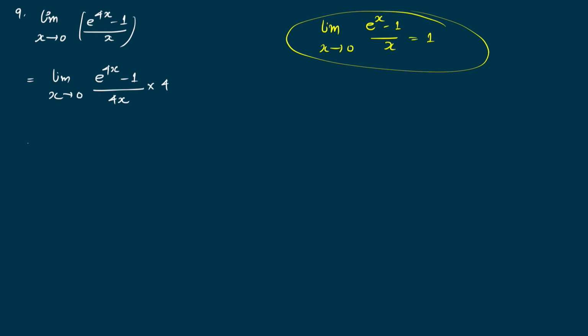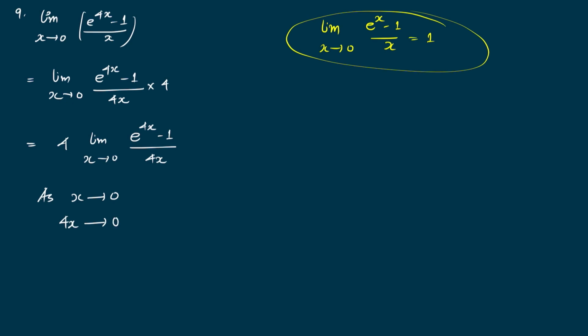Now since the 4 is constant, we can take out this 4 before the limit. So it will be 4 into limit x tends to 0 of (e to the power 4x minus 1) by 4x. So now as you can see, as x tends to 0, if I multiply by 4, then 4x will tend to 4 into 0, that is 0 only.